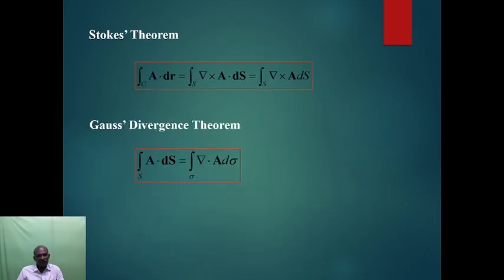In this manner we can form Stokes theorem and the Gauss divergence theorem. In Stokes theorem, we relate a line integral to a surface integral.